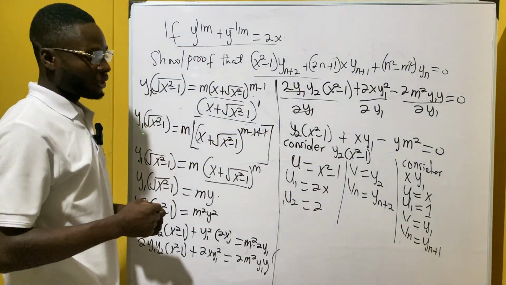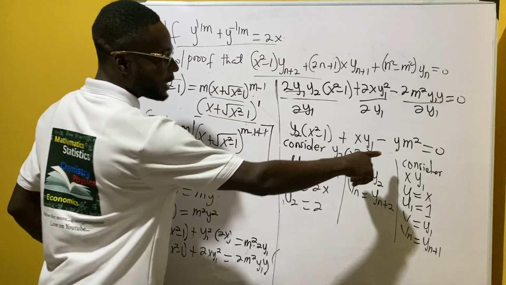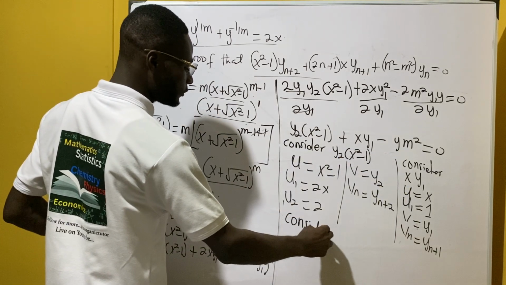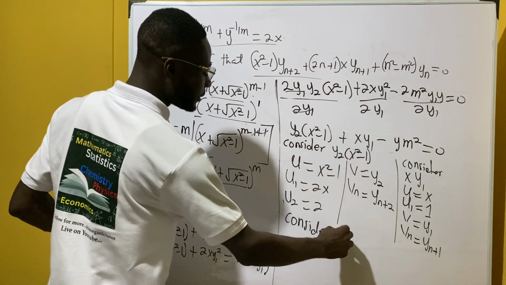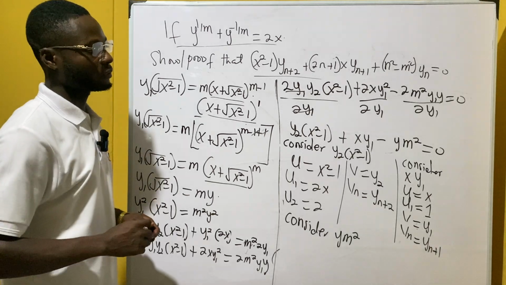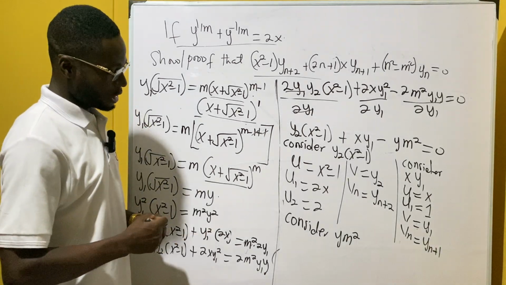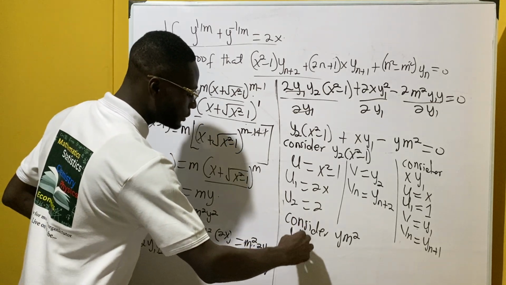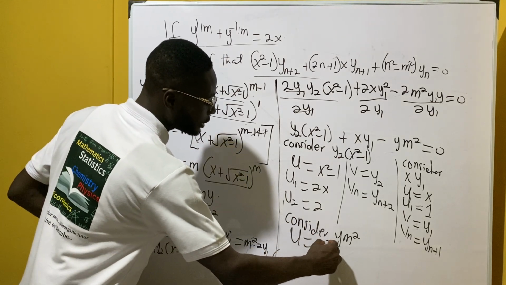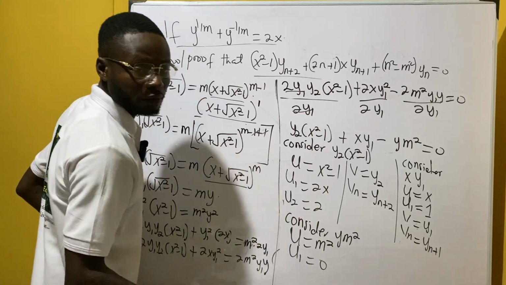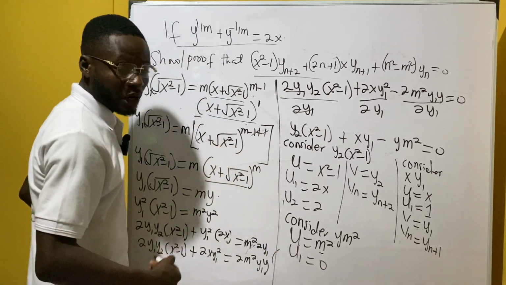And then we can finally consider the last part, which is y m squared. When we do that, we say that our u is equal to m squared, so u1 is equal to 0, because m is a constant.